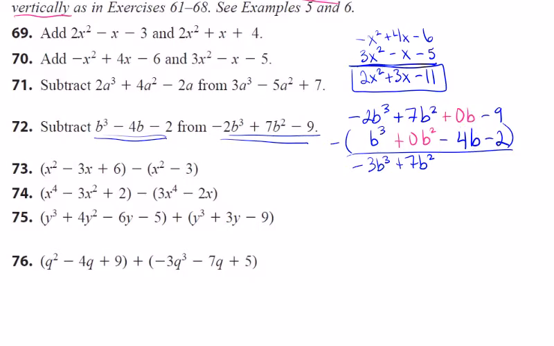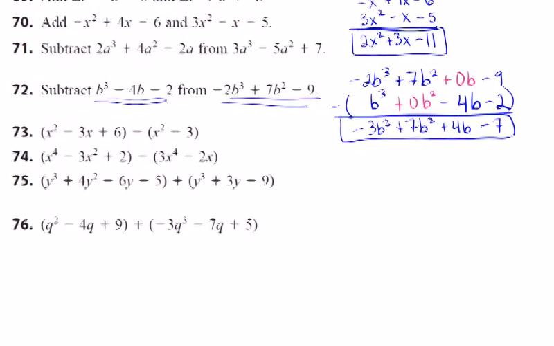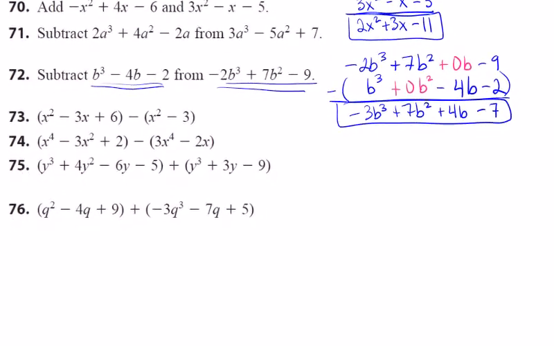So when I minus a negative, I'm really going to add. So it's going to be positive 4b. And then I have negative 9 minus negative 2. So that's negative 9 plus 2, which is negative 7. All right. So that's how we add and subtract, kind of set them up ourselves vertically.